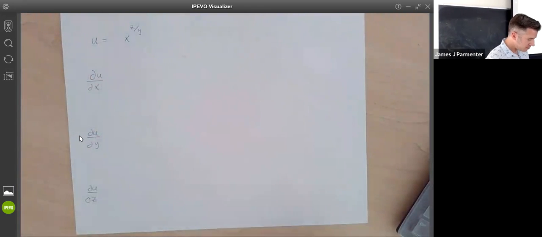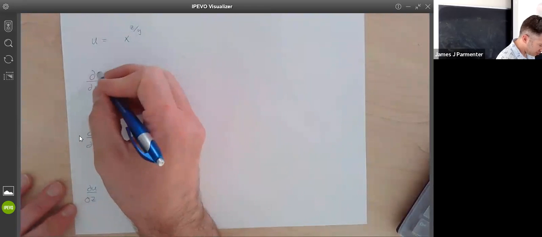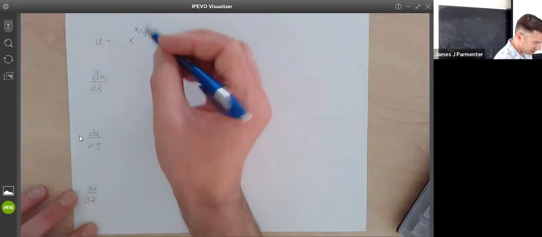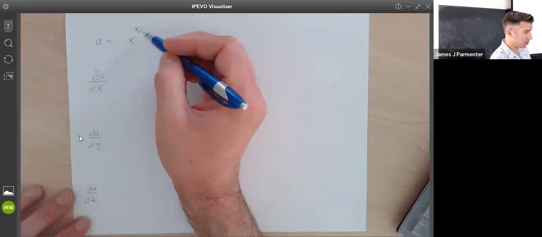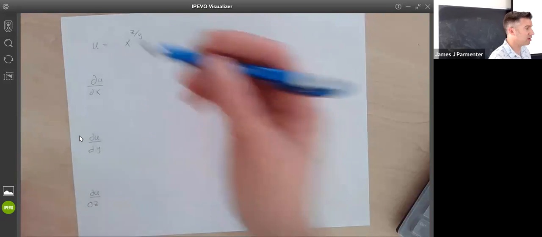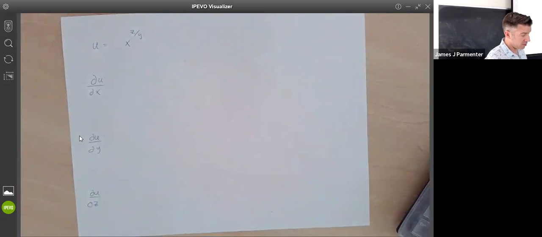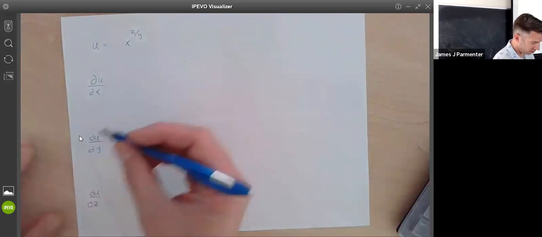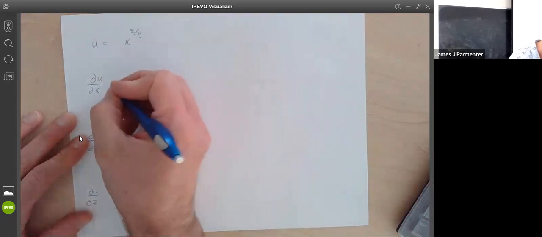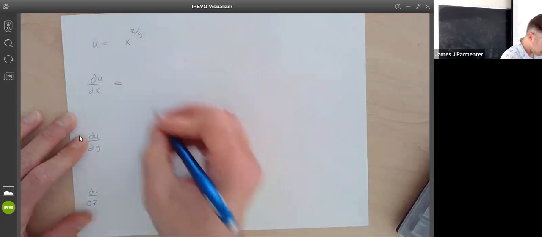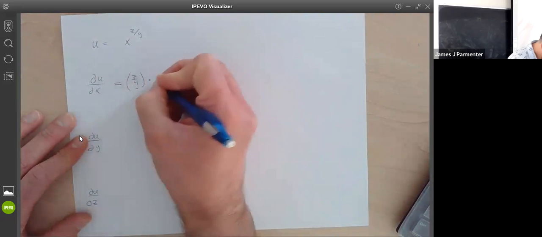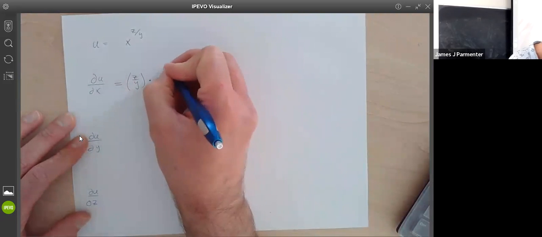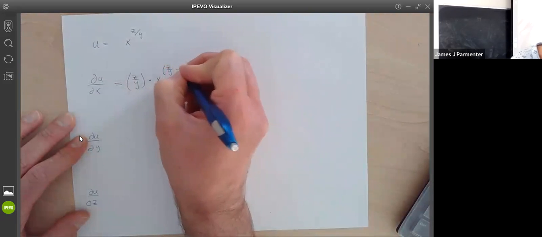If I'm trying to find del u del x, I'm thinking of z over y, or anything that's not x, as just a number. For example, that could be 5. And I know that the derivative of x to the 5th is 5x to the 4th. So the derivative of x to a number is that number times x to that number minus 1.